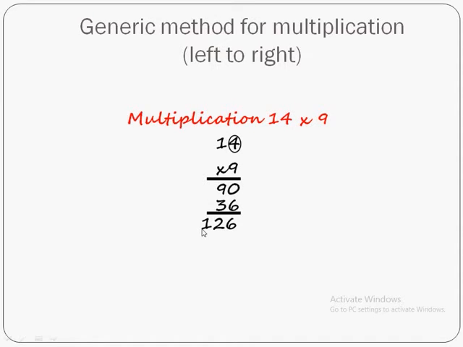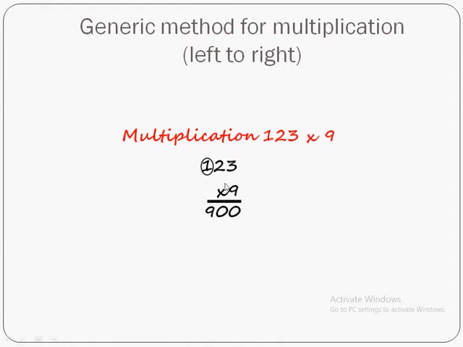Now you will think, why should I follow this? Here I am doing it in 2 steps, while with the general method we are able to do it in 1 step. But there is one difference here: adding any number to a number ending with 0 is far faster and easier than anything else.